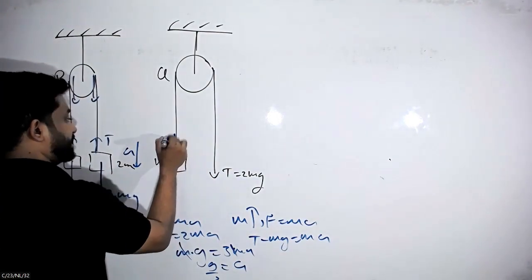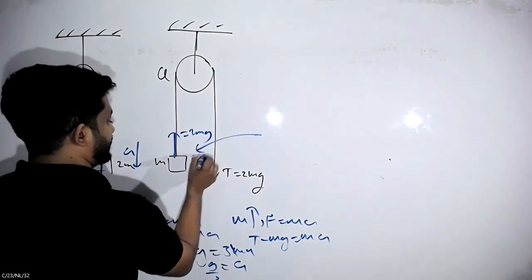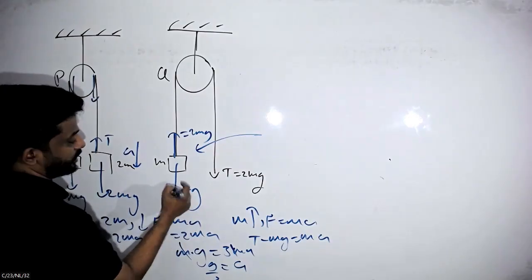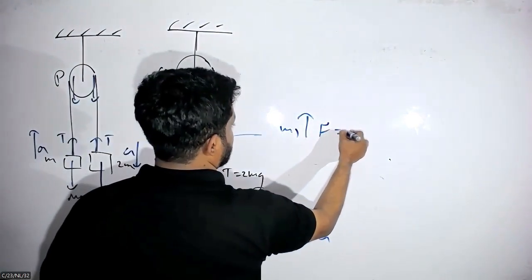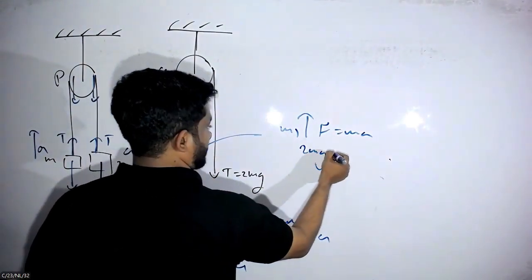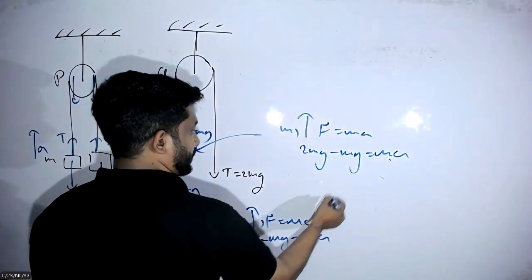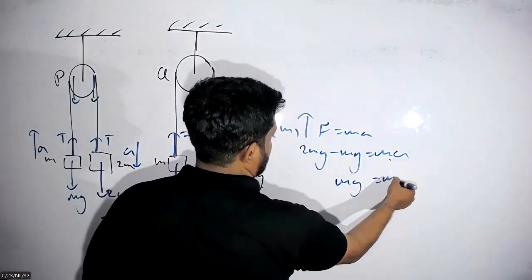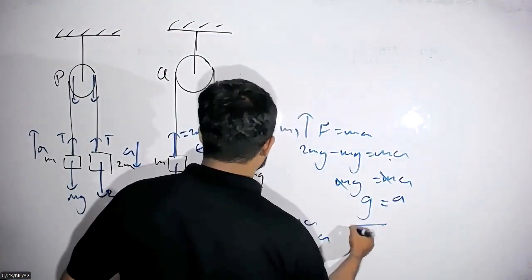Therefore, the tension at this end is 2mg, and this one is the weight. You can apply Newton's second law for the m mass in the upward direction: 2mg minus mg is equal to ma. So mg is equal to ma, the m cancels, and the acceleration is equal to g.